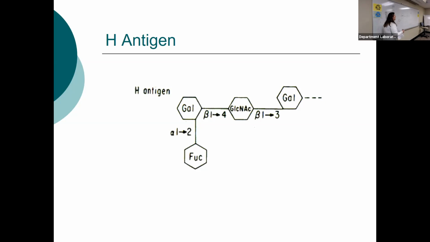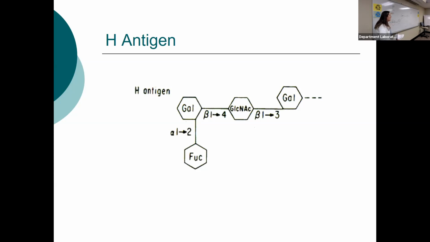All right, so let's say you're group O. You're having H substance being produced, okay? H substance is going to add another sugar, that's L-fucose. That's what H does. That's your type O right there, because there is no A antigen or B antigen to add an additional sugar, okay?